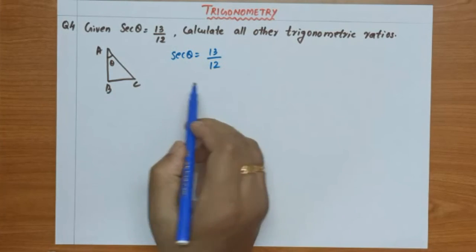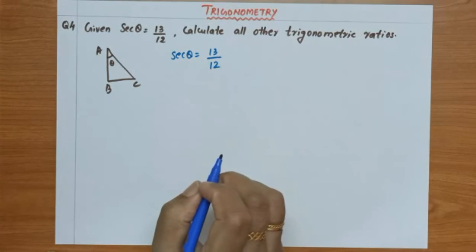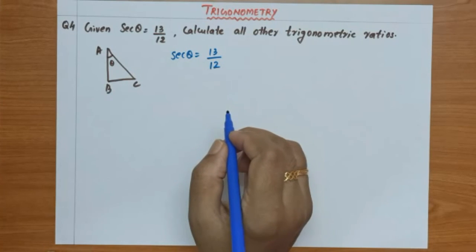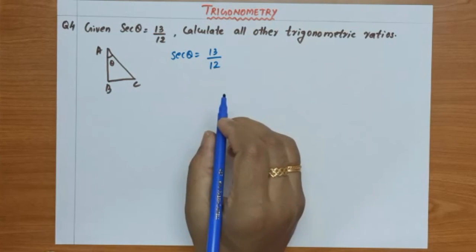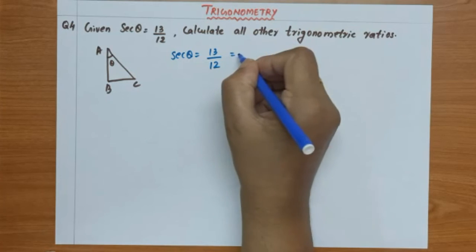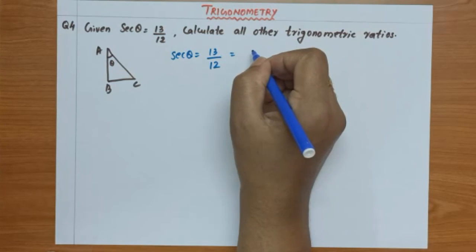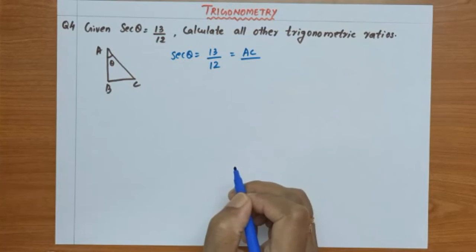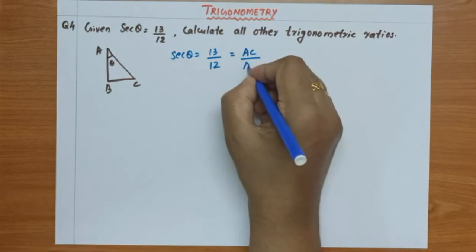Sec theta is opposite of cos theta. So cos theta is adjacent side by hypotenuse. So sec theta is hypotenuse by adjacent side. So hypotenuse, it is AC by adjacent side of theta, it is AB.